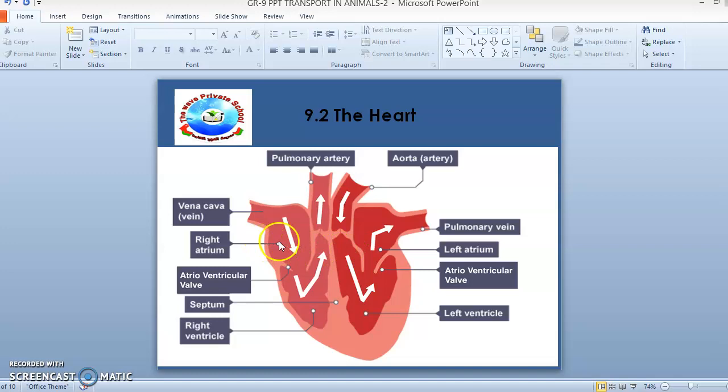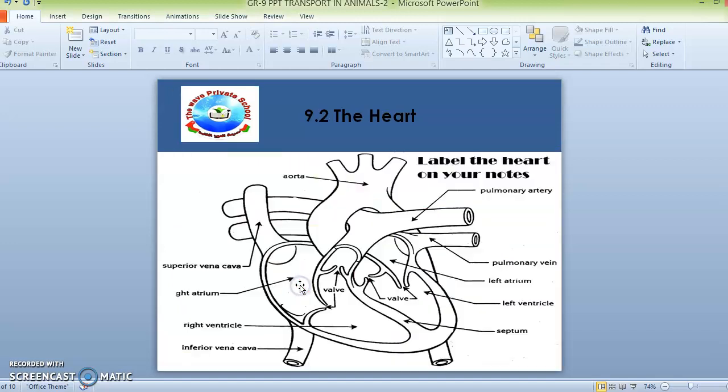The right atrium receives blood from the rest of the body, arriving through the vena cava. Here you can see the inferior vena cava and the superior vena cava. If it is one, we say vena cava; if more, we say vena cavae.